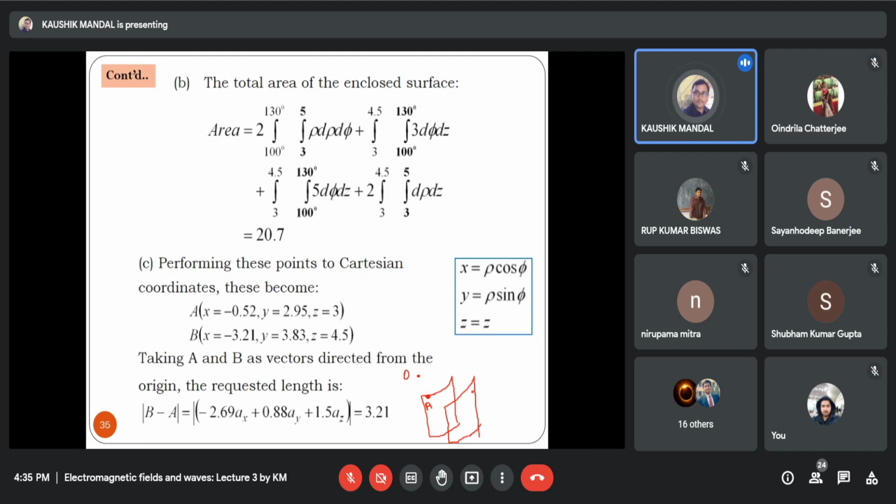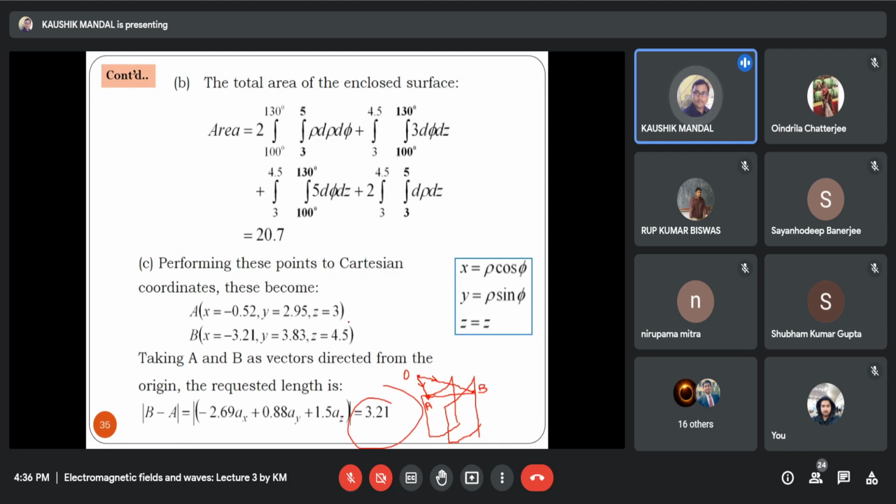Another point B we consider on the other cylinder. If we draw a line from the center, it represents one vector OA. If we draw this line, it represents the other vector OB. The question is, what will be the maximum length of the vector between these two surfaces? It will be the difference between these two, B minus A, or as per the direction, A minus B or B minus A. Is it clear?